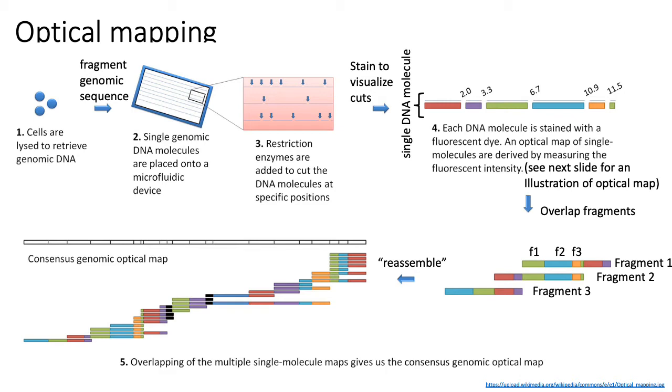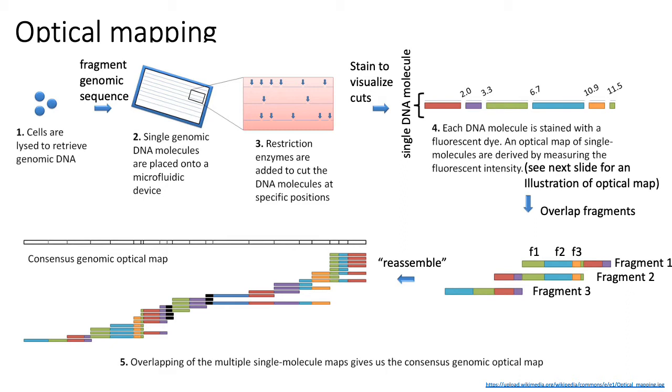And so here on the bottom right-hand corner of the slide, you have a hypothetical fragment 1, 2, and 3. Obviously, on the slide itself, you don't know that fragments 1, 2, and 3 came from the same region of the genome.